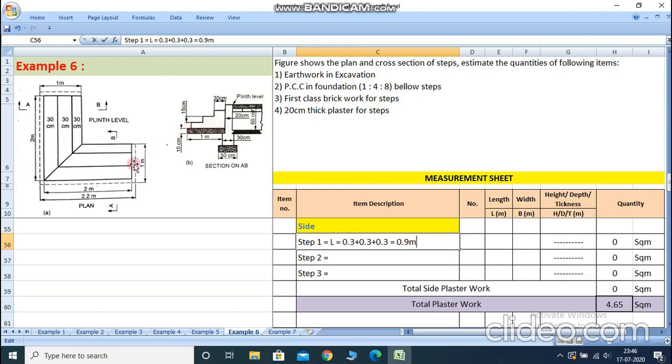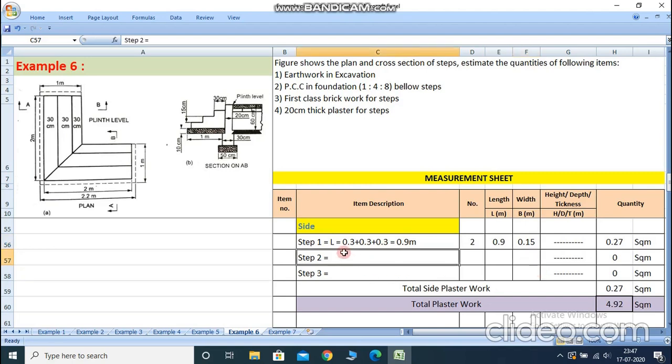This plaster work is for the starting and the end, so side plaster work is provided on both sides for step 1. So here the number given is 2. Why is 2 given? Because here is 1 and this part is the second part. So 2, length is 0.9 and the width is given as 15 centimeter, so 15 centimeter width is 0.15.